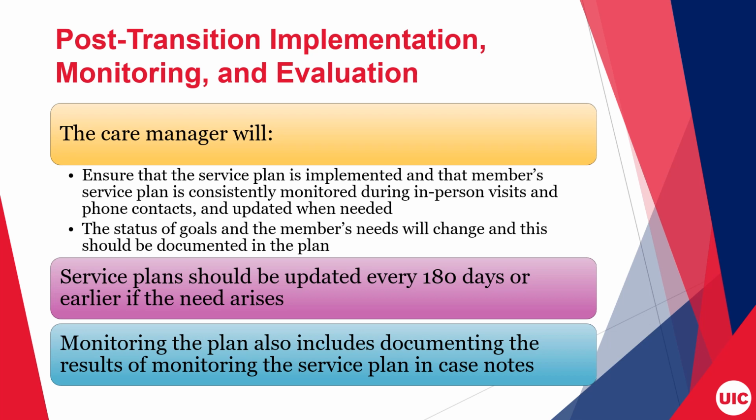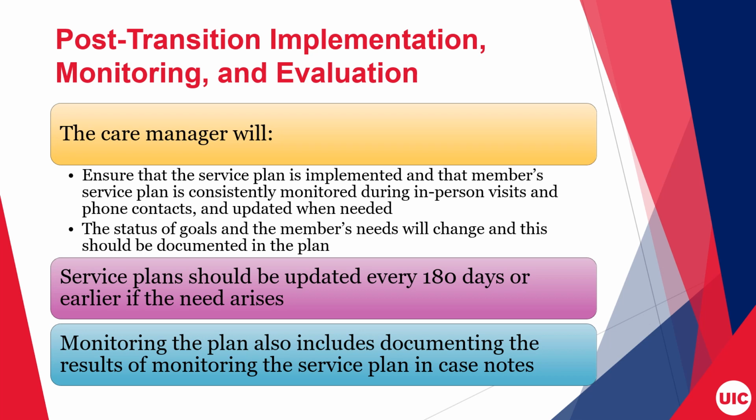In the comprehensive program post-transition phase, the care manager must make sure that the service plan is effectively implemented. This includes both the tasks the care manager is responsible for themselves, but also the other plan's participants' accountabilities. This must be monitored consistently during in-person and phone contacts throughout the 18-month post-transition monitoring period.